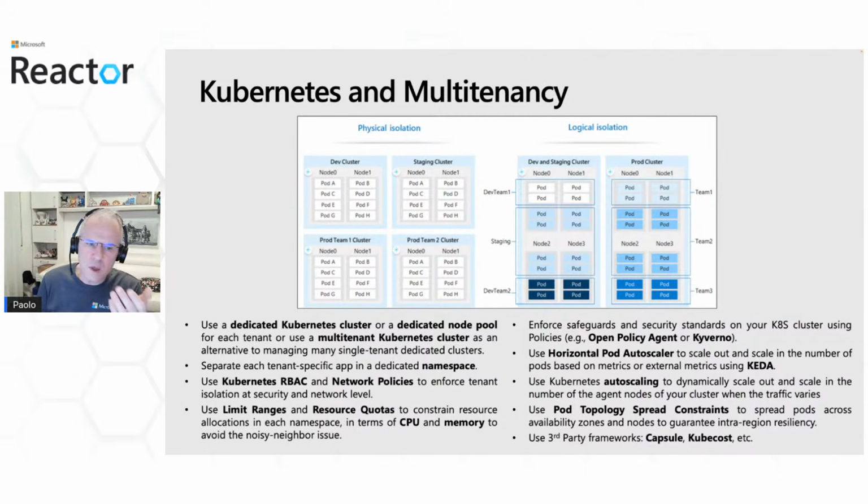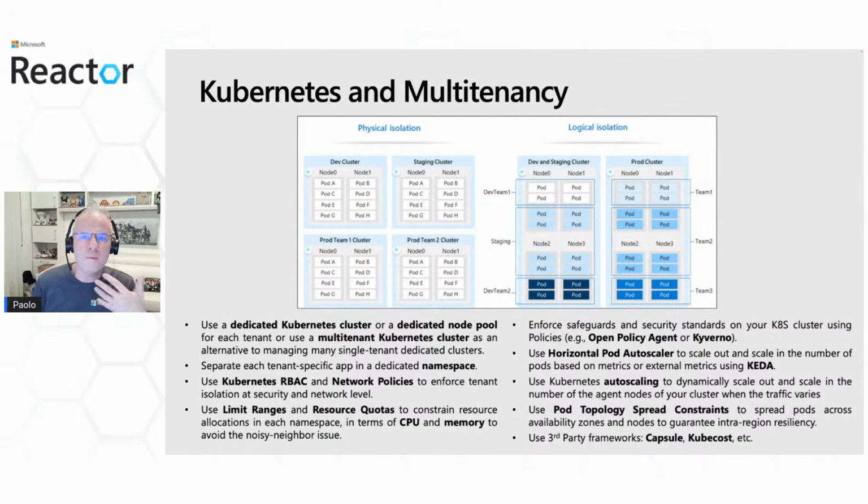Now, you can use Kubernetes role-based access control and network policies to enforce tenant isolation at the security and network level when using namespaces. So, for example, with network policies, you can avoid that the front end application is invoking the backend application of another instance of the same app running in a different namespace. To avoid the noisy neighbor problem that John just explained, you can also use limits and requests at the container level.